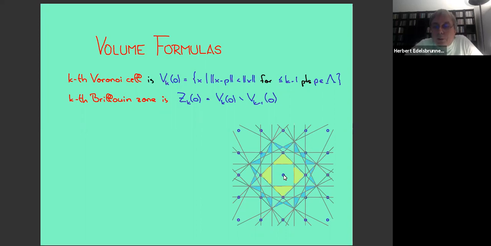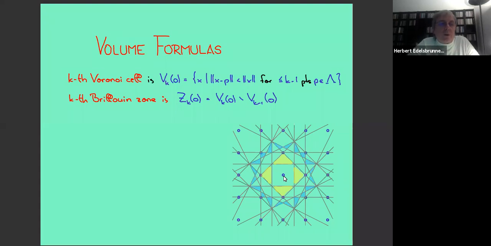And here is a simple property of Brillouin zones. Namely, they have the same volume as the first Voronoi cell. And the reason is also clear, I think, because here the blue is the sixth Brillouin zone of 0. I can draw the sixth Brillouin zone of every point in a lattice.